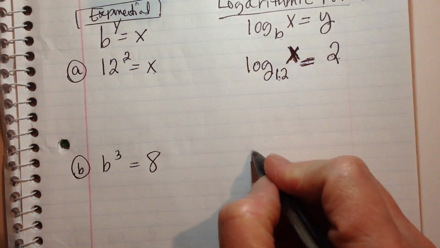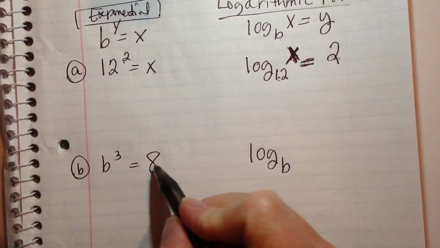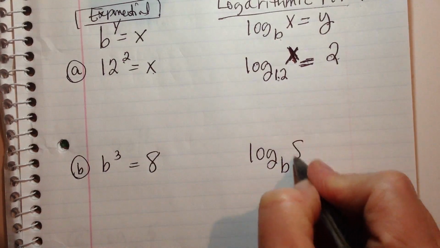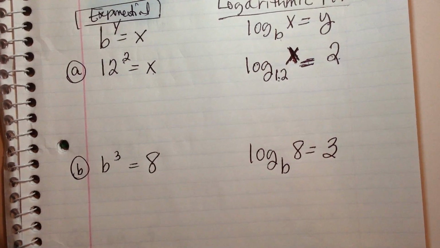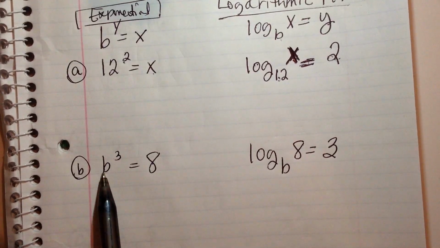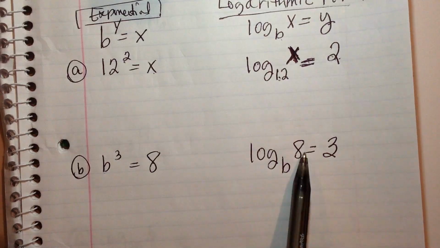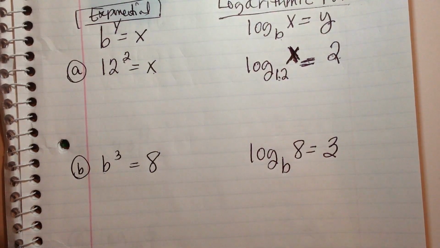This problem, log, my base is b, x equals 8, equals your exponent 3. So log base b of 8 equals your exponent.